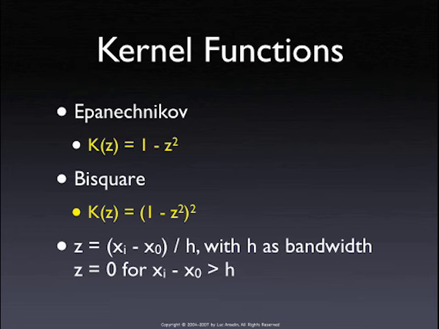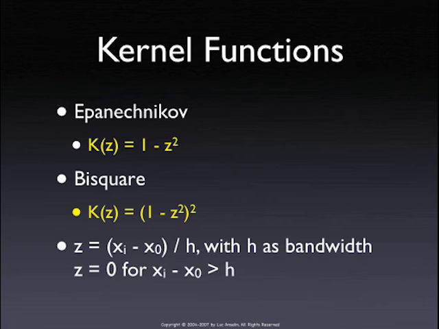In contrast, a continuous function like a normal Gaussian kernel goes to infinity. So in principle, every data point contributes all the time. But of course, because of the decay, more remote data points will not contribute very much.